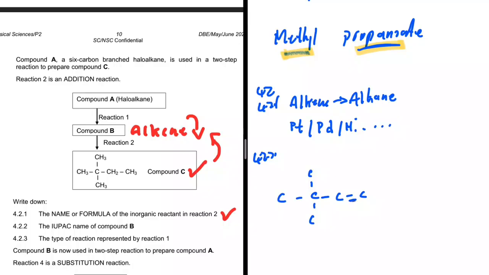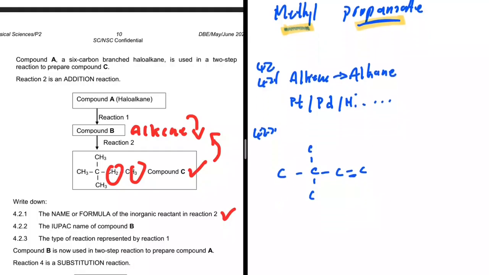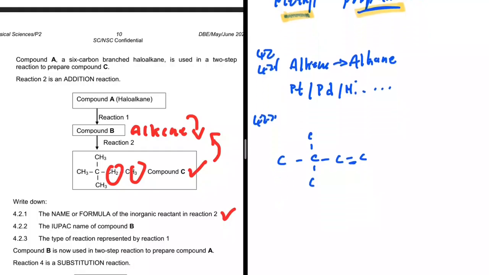In compound B we have a double bond because how are we adding these 2 hydrogens in reaction 2 if compound B doesn't have a double bond? It will not make sense. So we have a double bond there. So now we can name compound B using that knowledge. So if we were to name compound B, obviously we would have butane-1-ene, okay?